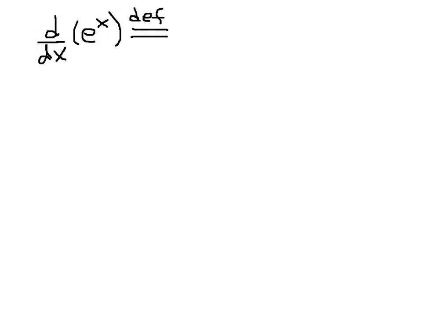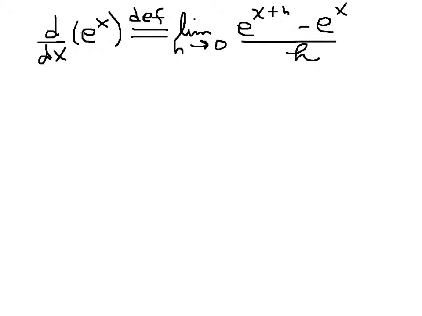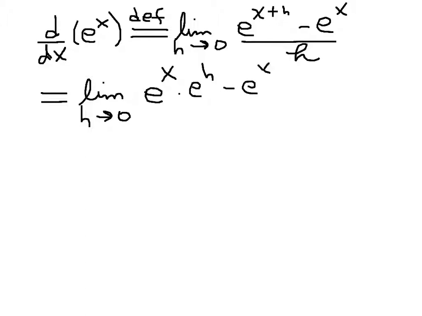So we want to look at what the derivative with respect to x of e to the x is. By the definition of the derivative, we get the limit as h goes to 0 of e to the x plus h minus e to the x all over h. Now, we're going to use our properties of exponents and rewrite this as the limit as h goes to 0 of e to the x times e to the h minus e to the x all over h.